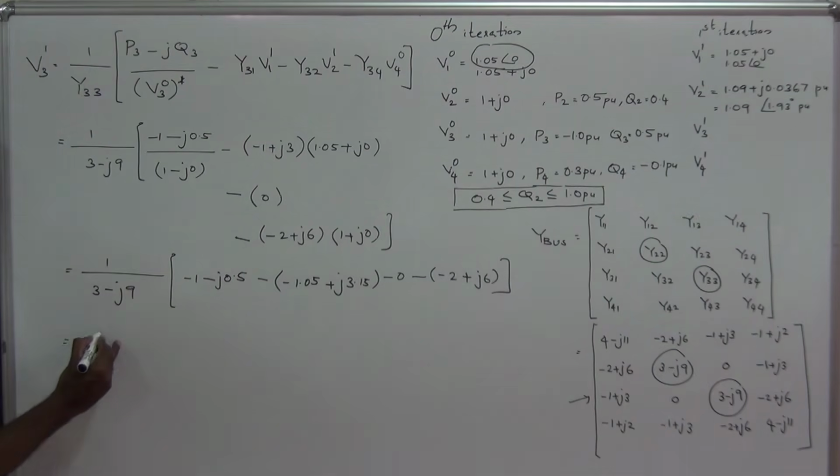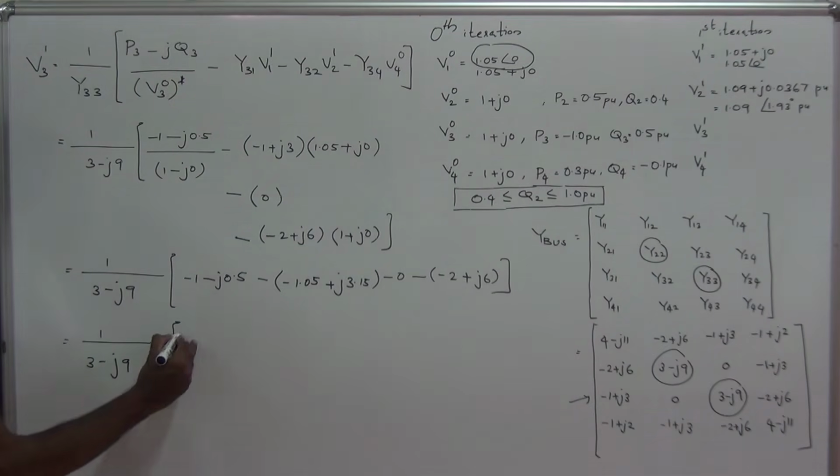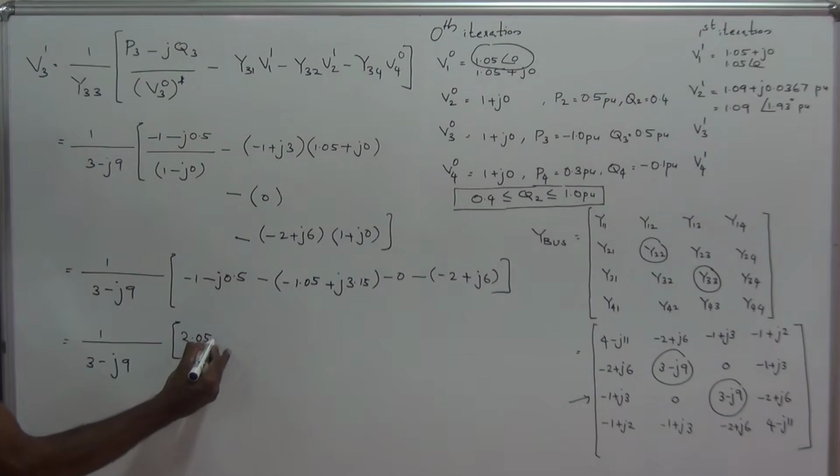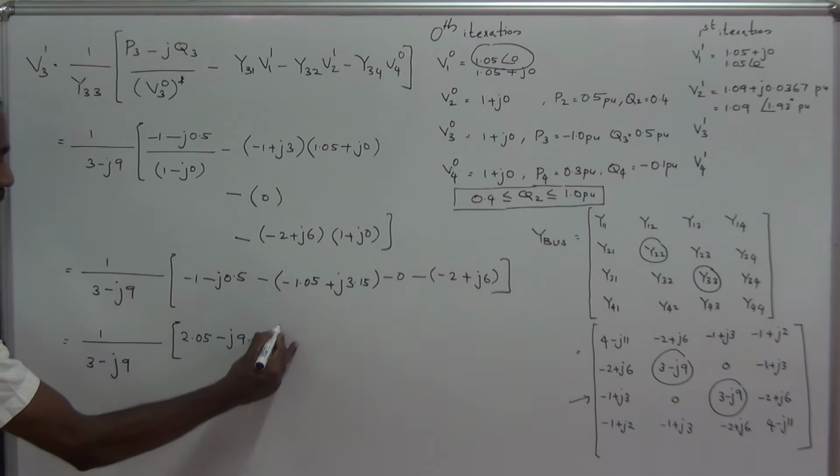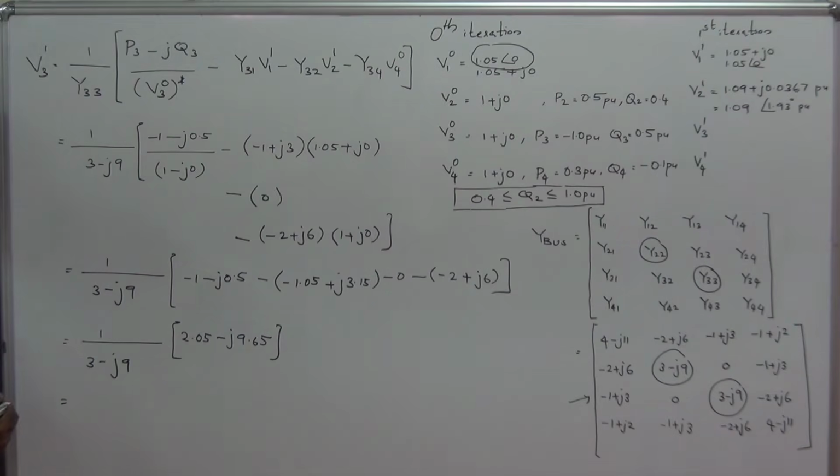So this is equal to 1 by 3 minus j9 into 2.05 minus j9.65. And this is equal to 1.033 minus j0.11667 per unit.